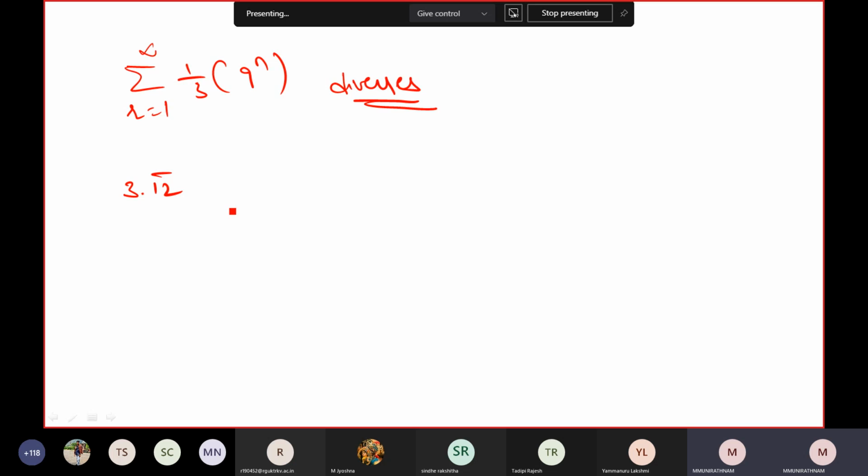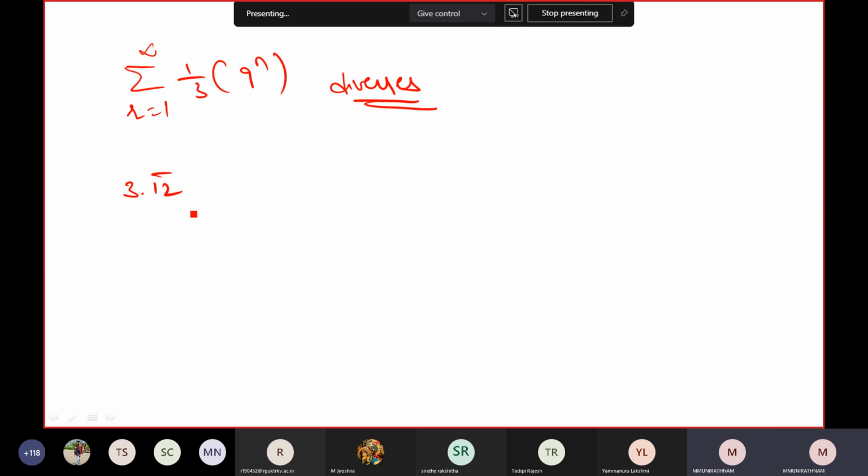So our repeating decimals we can expand into rational form using geometric series.